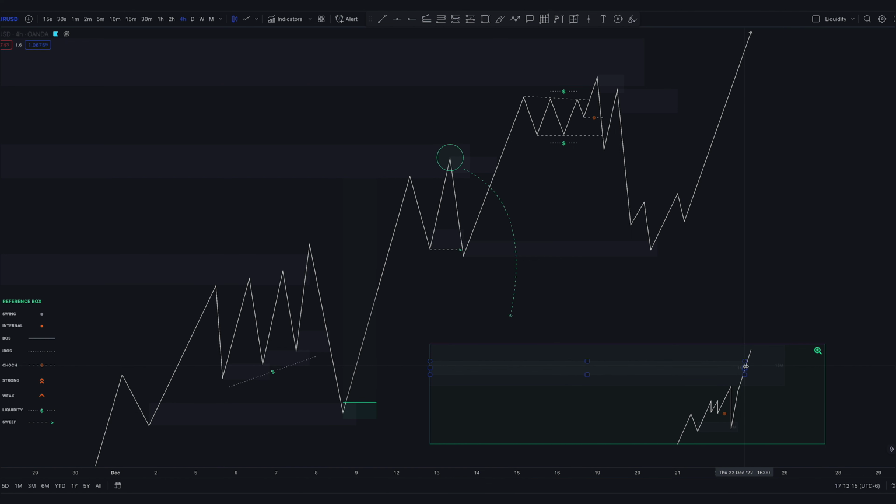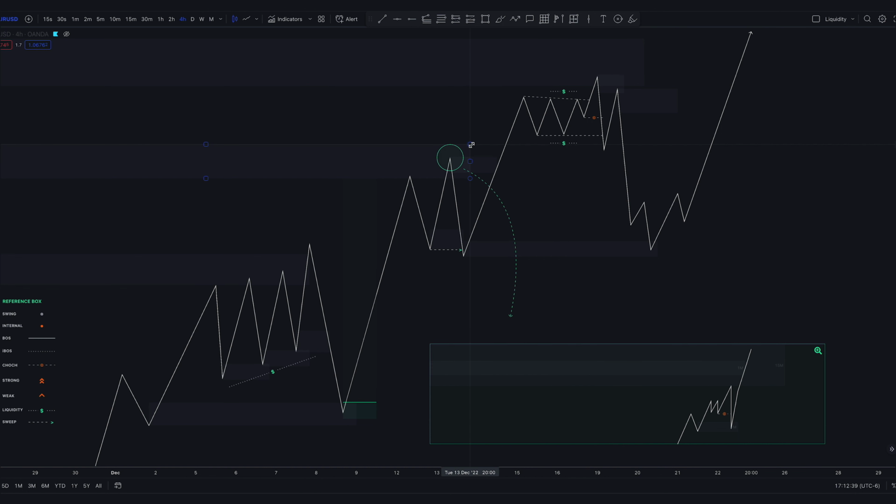Now that it already broke the 1 minute supply, that's another confluence that price may still want to continue going up from here. This is the first signal that it's not holding.